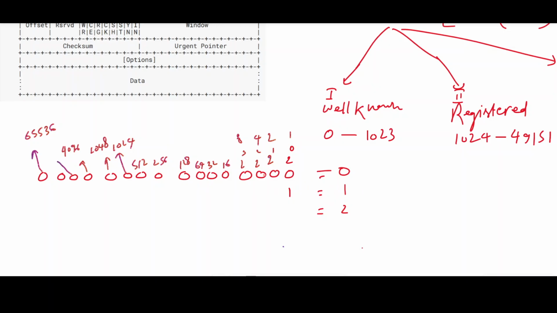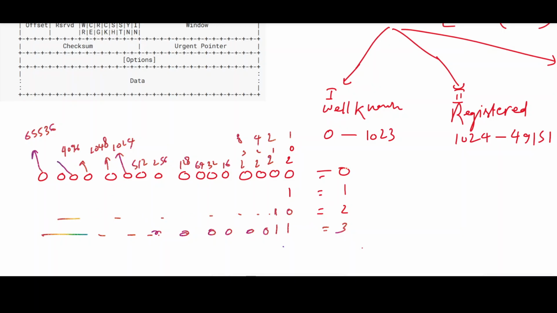If we want to make 2, this digit will be 2, so here we put 1 and here 0. Now if we want to make 3, how can we make 3? This is 2 and this is 1, so we write 1 and 1, and the remaining digits will be 0.